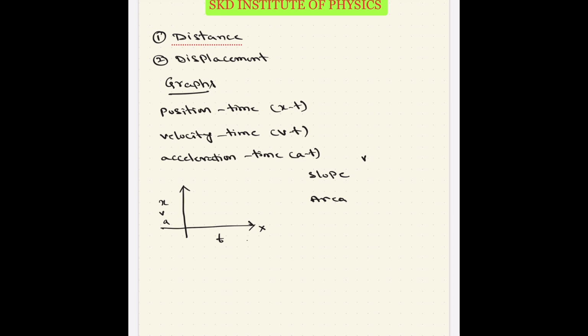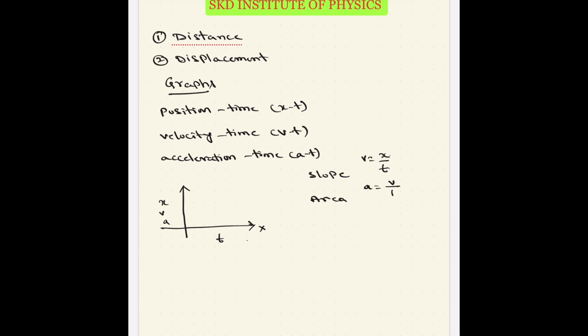If we draw a graph for displacement and time, the slope of displacement and time gives velocity, and the second one is acceleration.